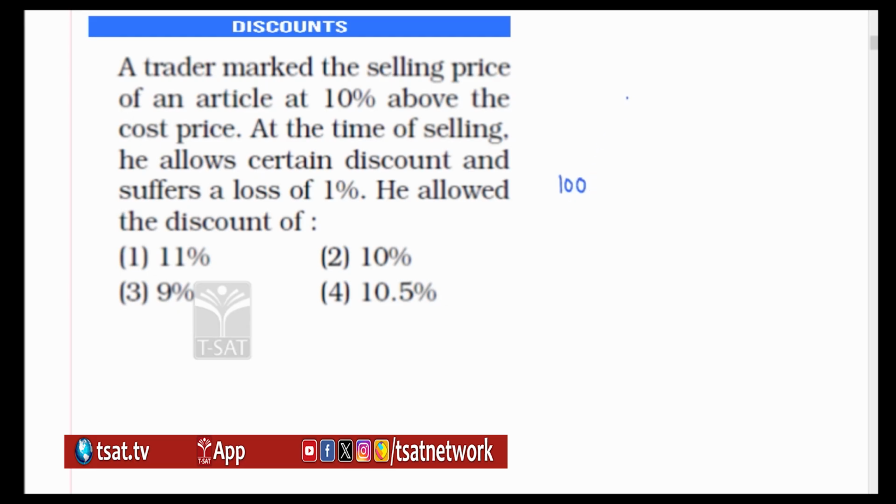100 rupees, you are increasing it by 10% to 110 rupees. You are suffering a loss of 1%, which means you are selling it for 99 rupees. Therefore, can you tell me what is the percentage discount? Percentage discount is 11 rupees discount upon 110 into 100.